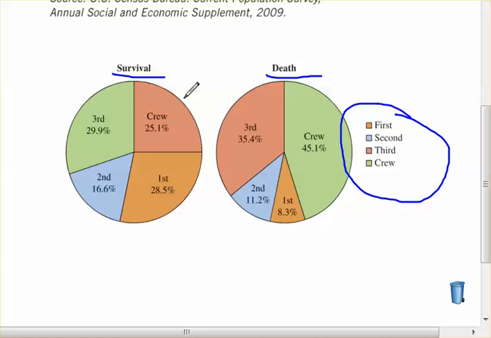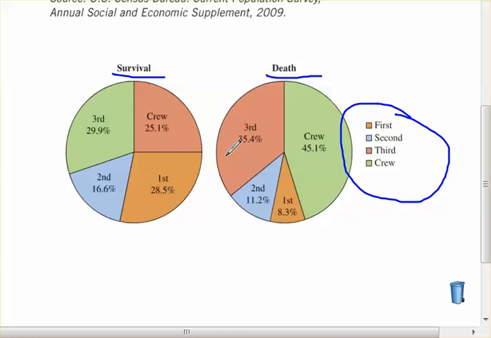So here again, we have another pie chart or circle graph where our data has been changed over to percentage form. And this has to do with the Titanic, actually. I didn't get the full part of the explanation in here. I just wanted you guys to be able to see the graphs really well.